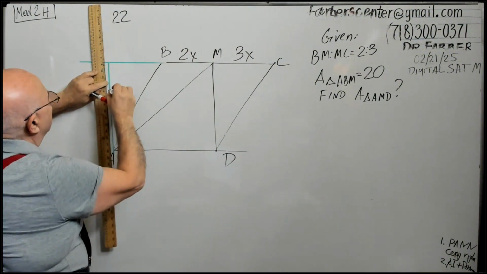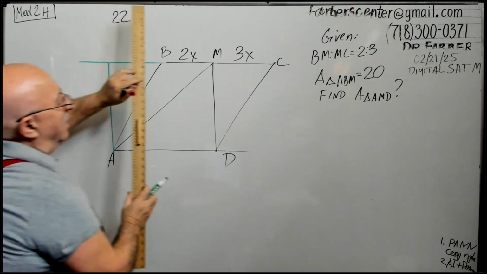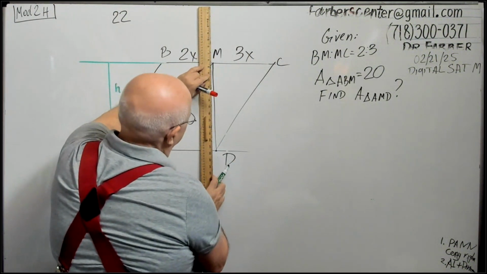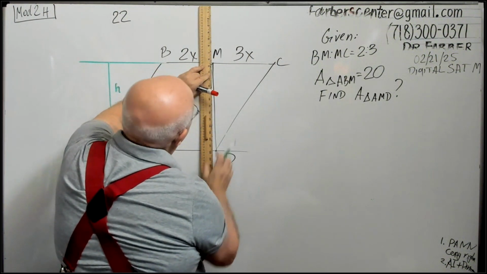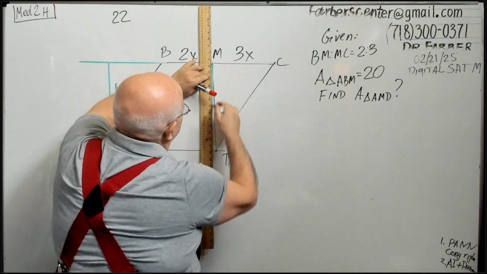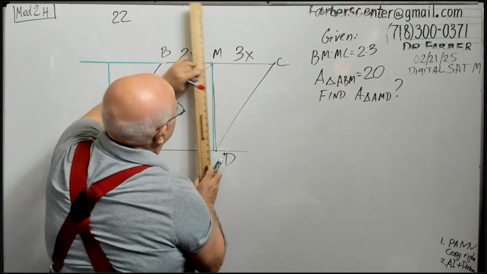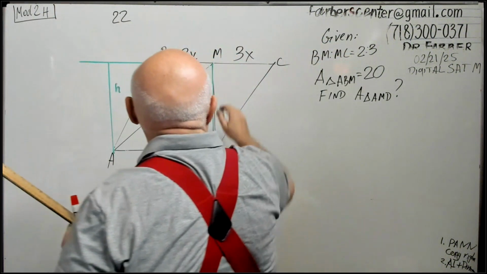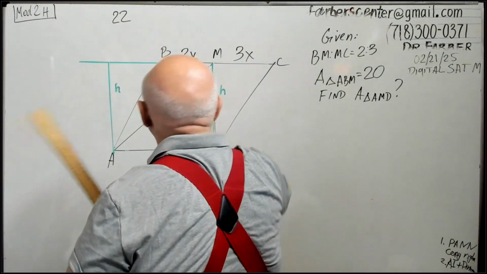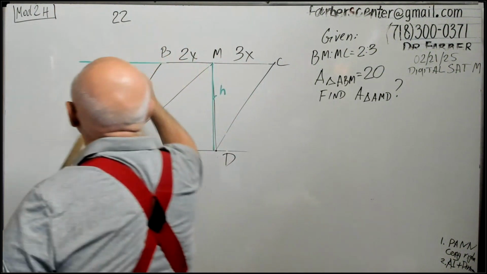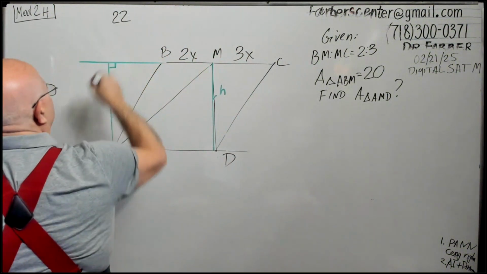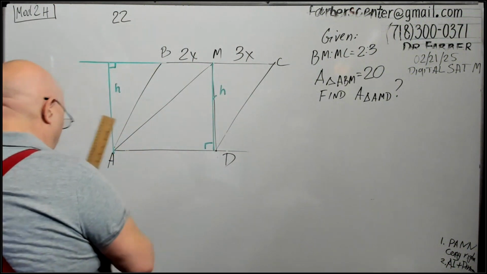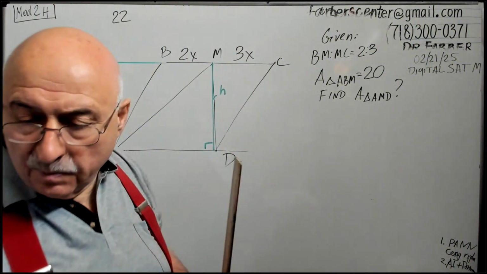This is my height. And to get this area, you have to make a perpendicular to this. When they are parallel, this is also a height. And this is 90 degrees, because I built this 90 degrees. So far, so good.